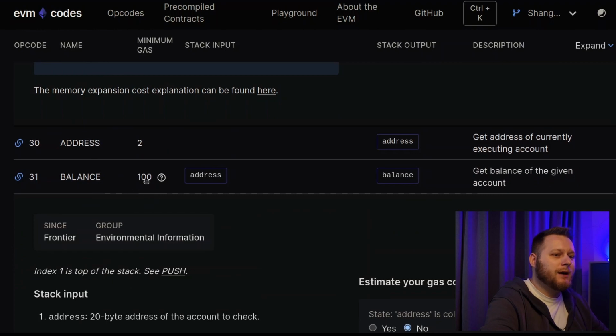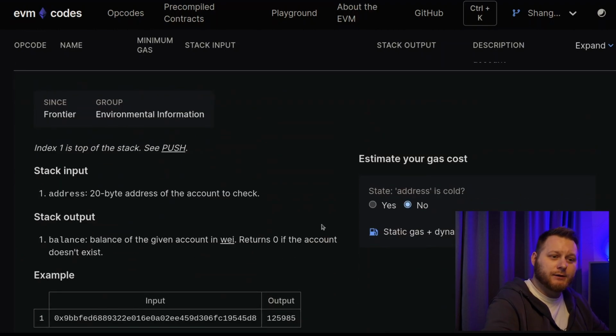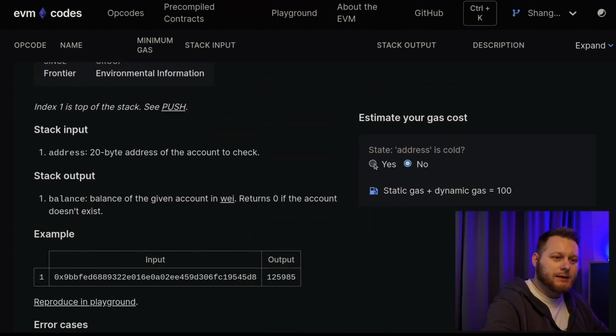For example, reading balance has a base cost of 100, but you can see here that we have information on whether this address is cold or not. So what does it mean that an address is either cold or warm? You have this concept in the EVM that when you are accessing something from the storage for the first time, you are paying way more than you do for the next read.